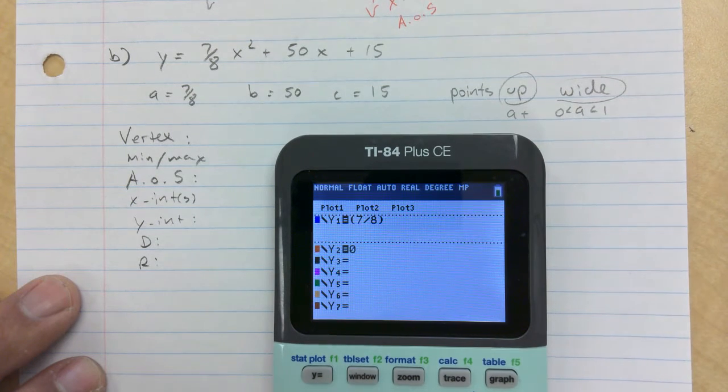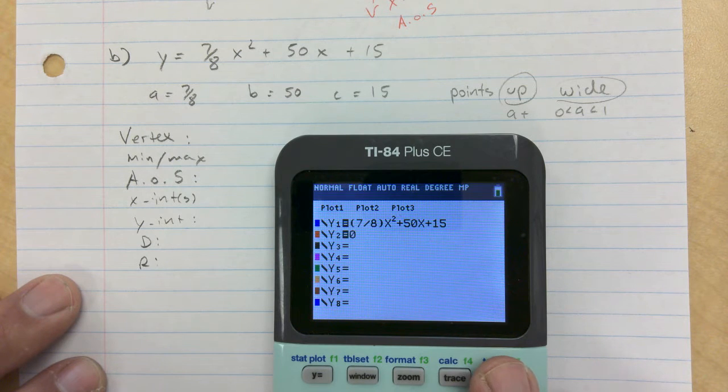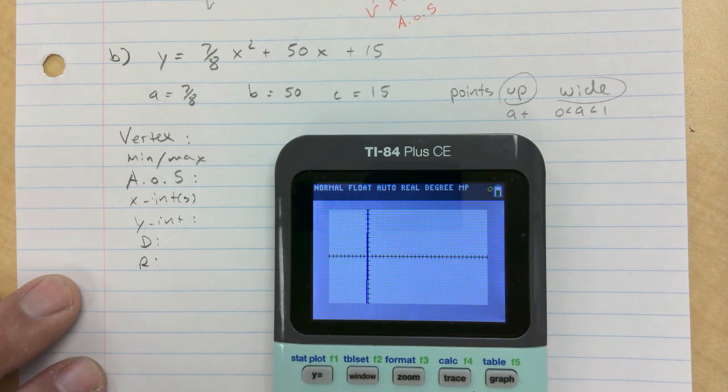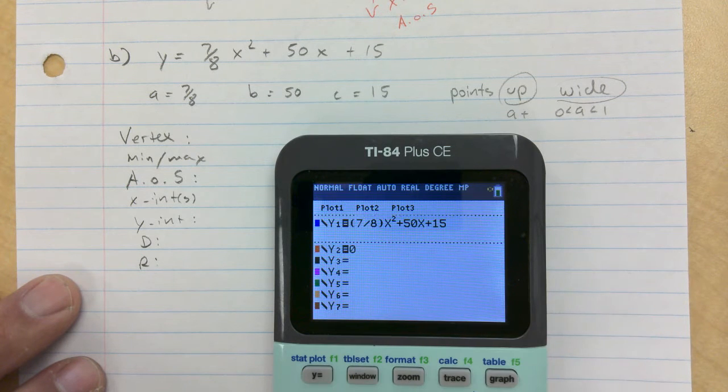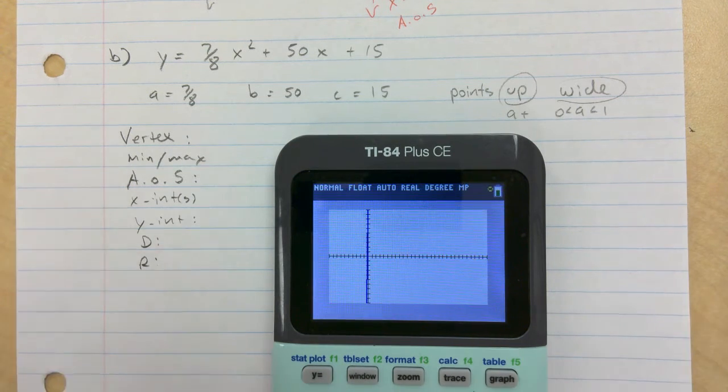Seven eighths x squared plus 50x plus 15. We graph that. And I'm going to turn off the second. Just going to clear that second equation, just graph that.